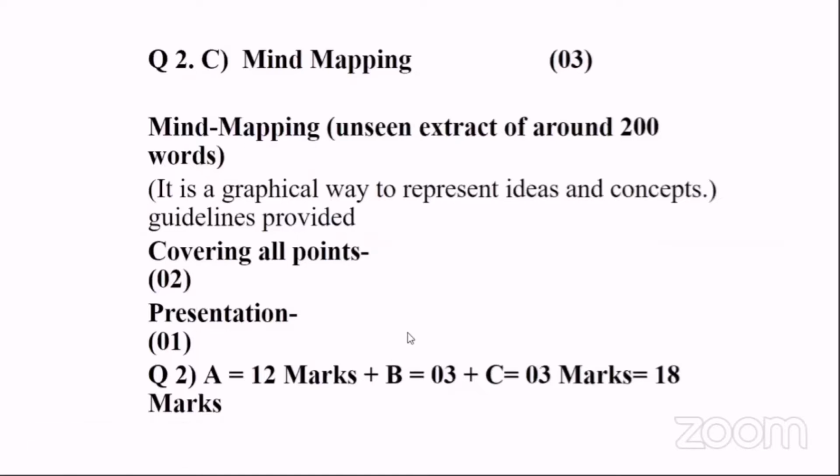Mind mapping. Now, I know it very well. Many teachers ask me a number of questions regarding mind mapping. Those who have studied last year's pattern know that in note making we were giving a completion task, and it was very clearly mentioned as a completion task.